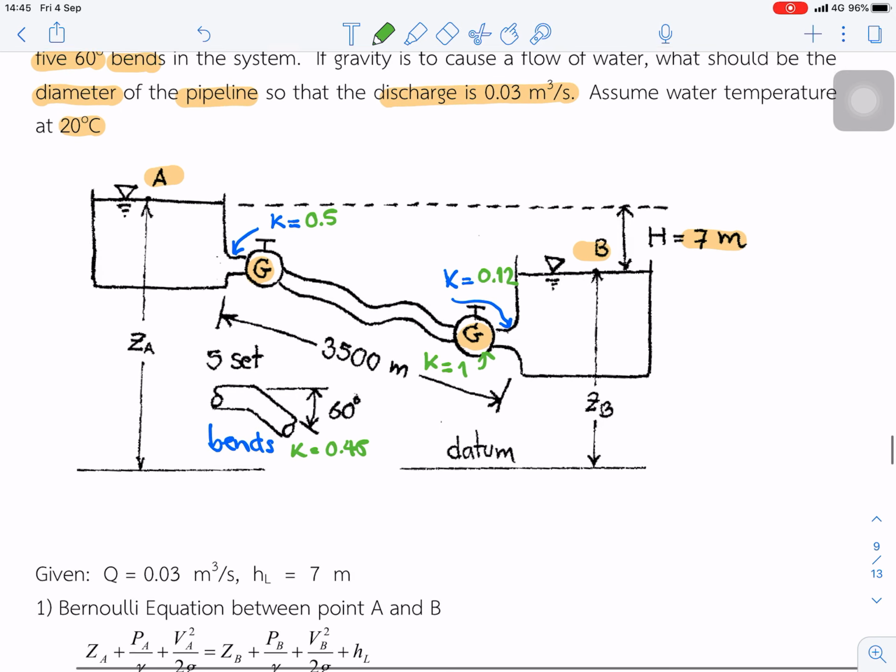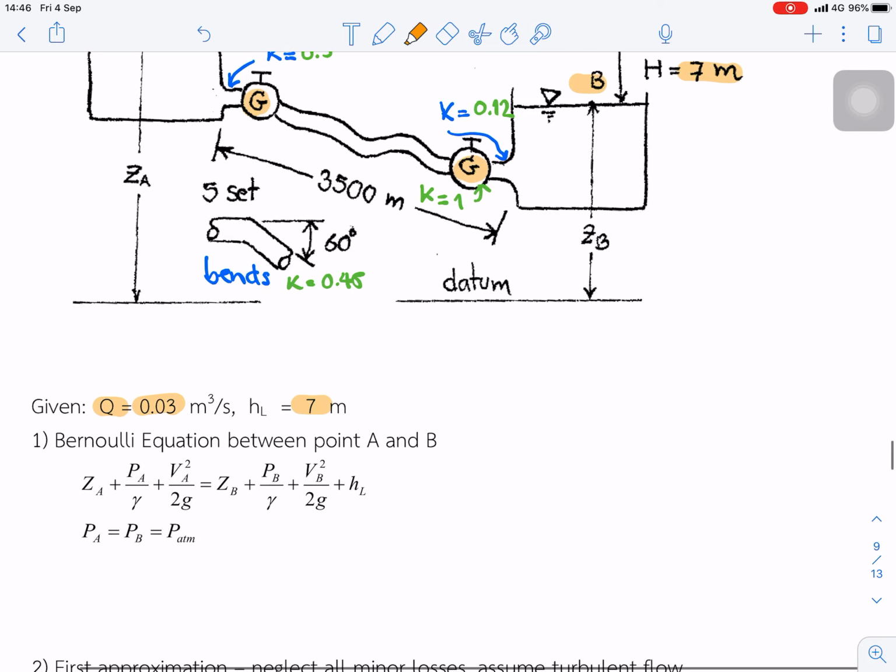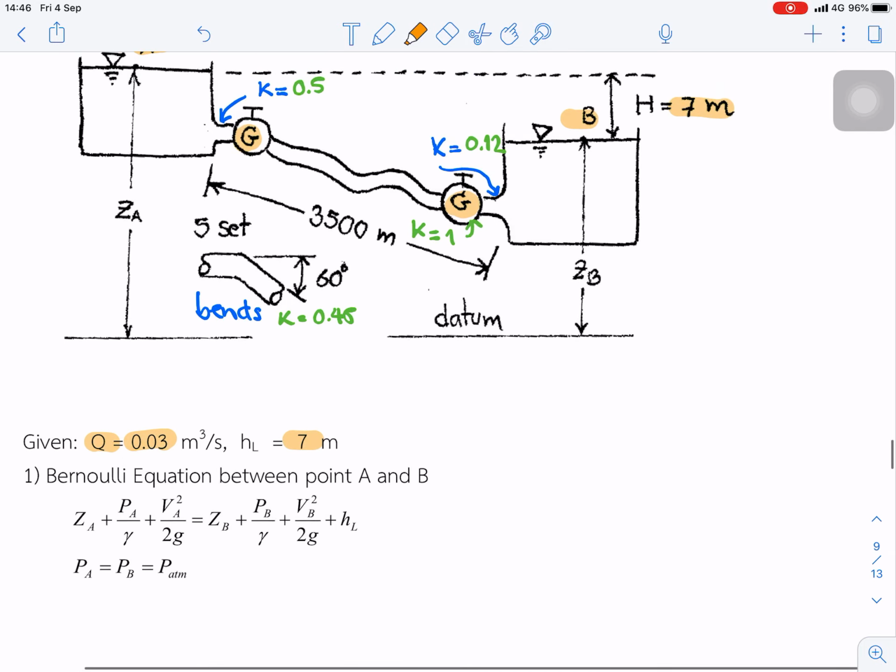Okay, so given Q is 0.03 cubic meter per second, and head is 7 meter. In this case, we can analyze from this problem. We don't know the diameter.